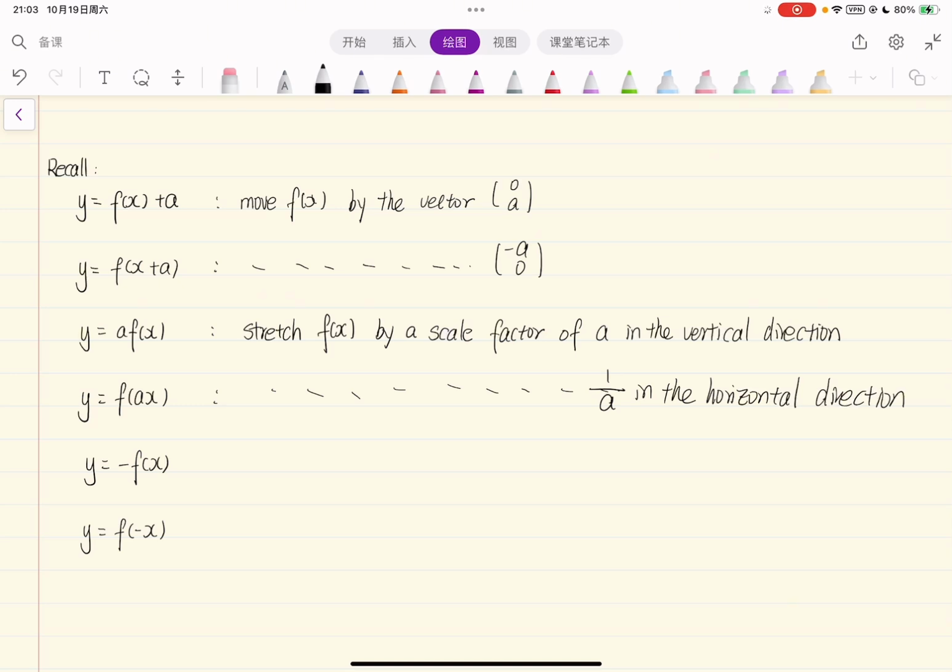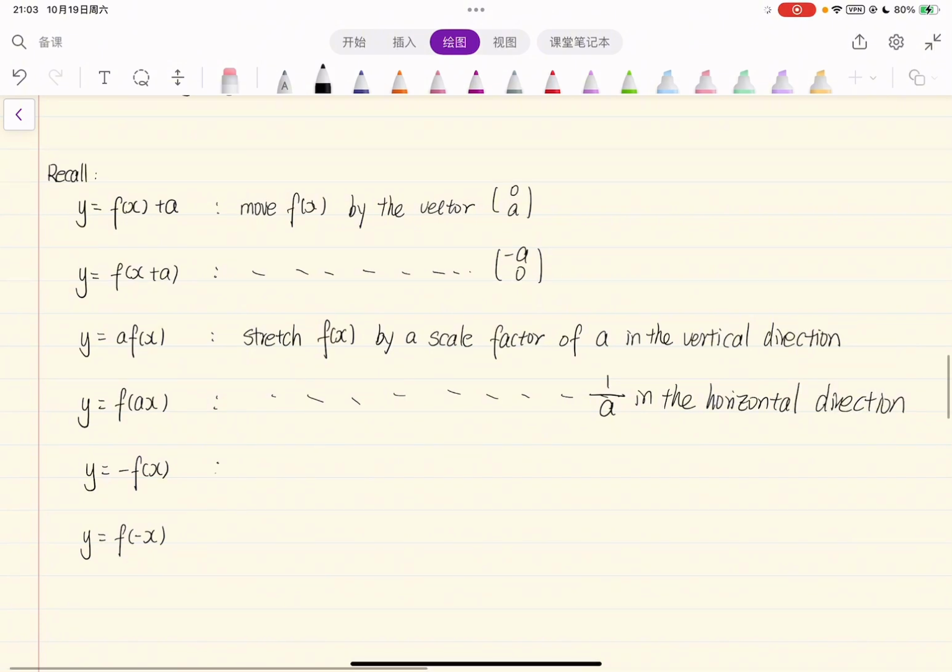For y equals negative f(x), it means a reflection of y equals f(x) in the x-axis.